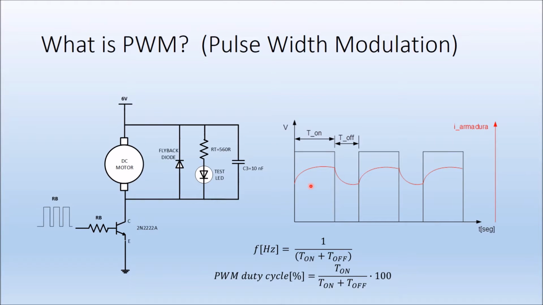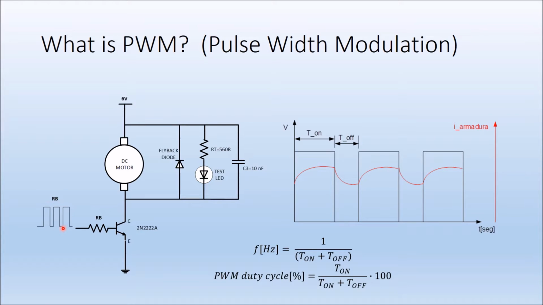Okay, what is PWM? We have a DC motor here, and we have this power transistor which is saturated or opened by a pulse width modulation signal, which is shown here. Now, in this video, we will show 3 ways of generating these pulses.